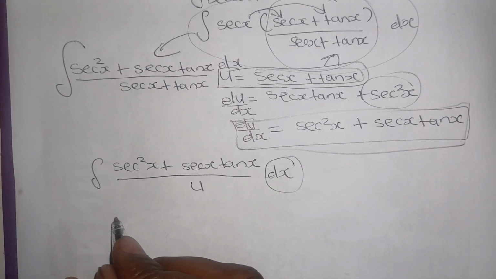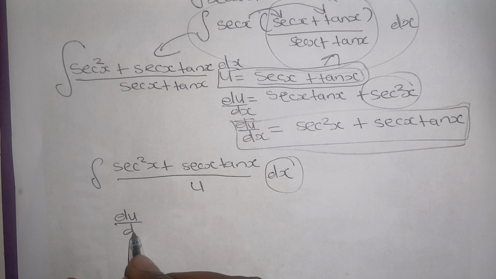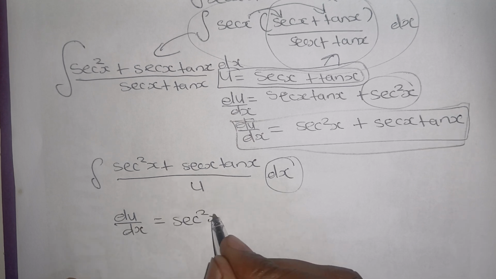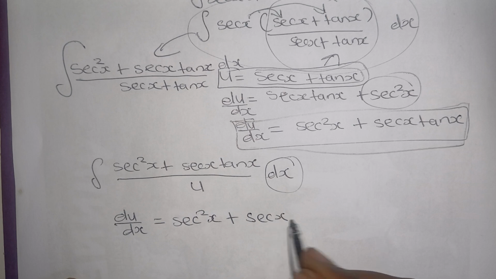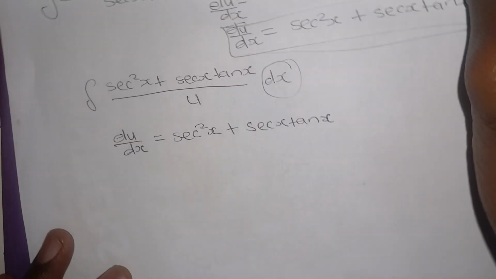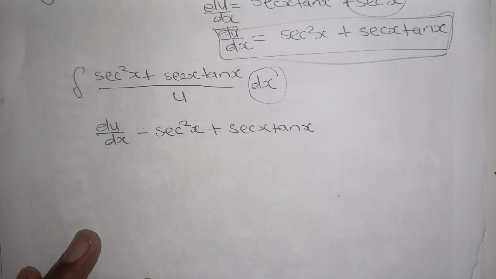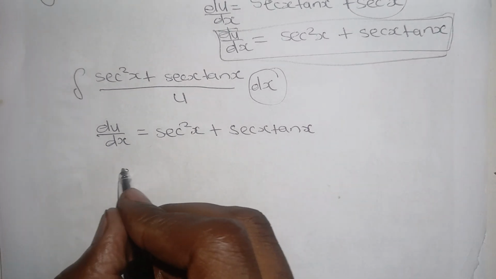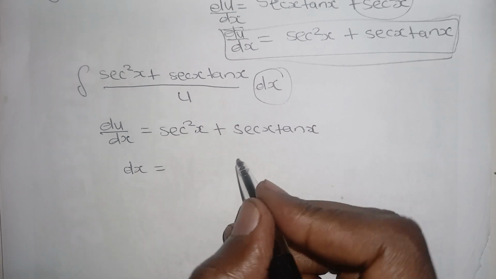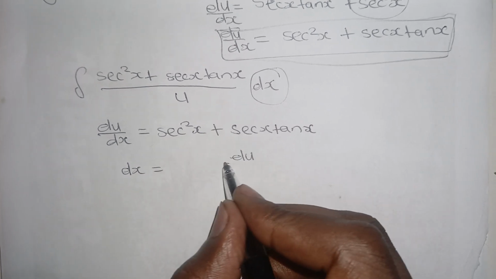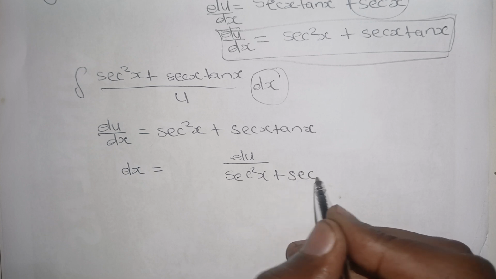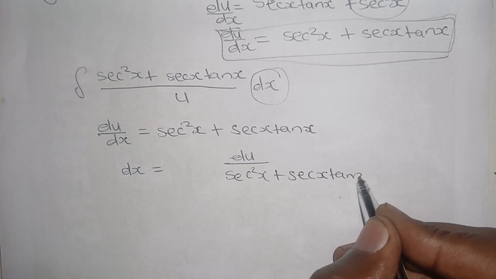So we're gonna say du over dx is equal to sec square x plus sec x tan x, right? Then from there we just have to make dx subject of the formula. So dx is equal to du over sec square x plus sec x tan x, right?